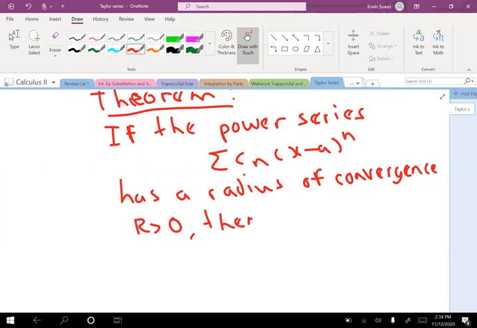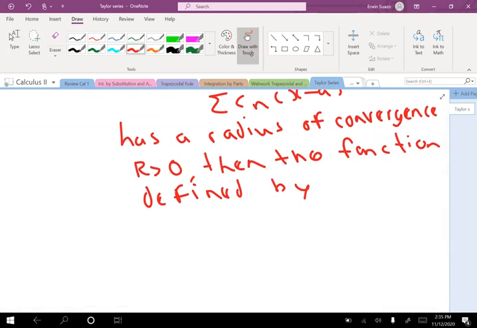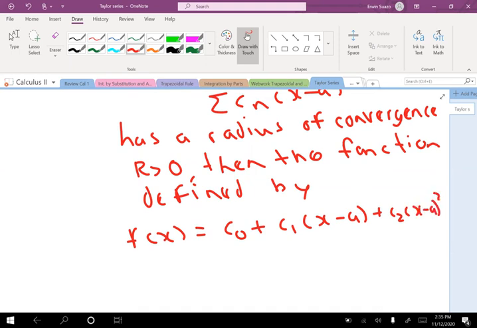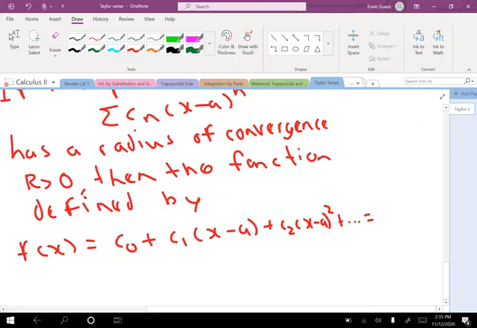Then the function, so look at this, it is a function now. As long as you are inside of your radius of convergence, this is a function. f of x equals C0 plus C1 (x minus a) plus C2 (x minus a) squared, and so on, right?